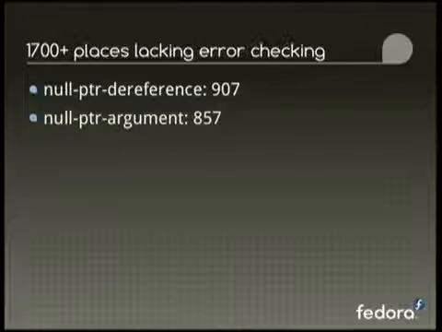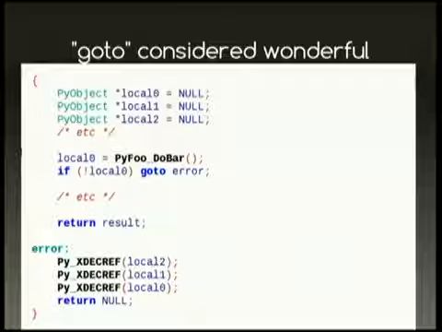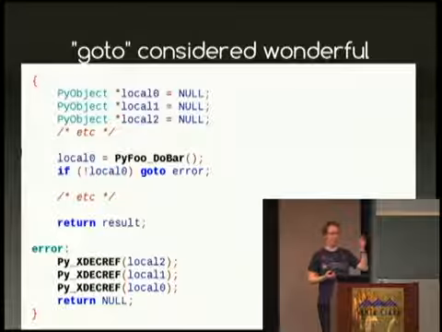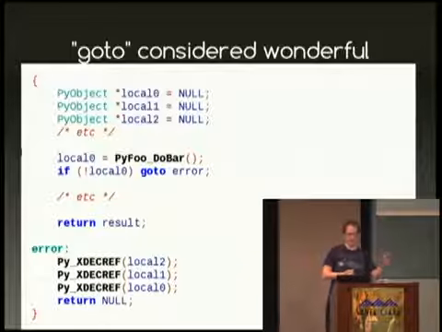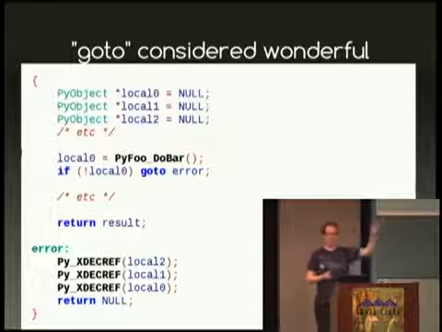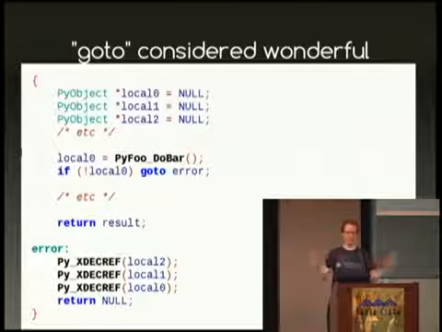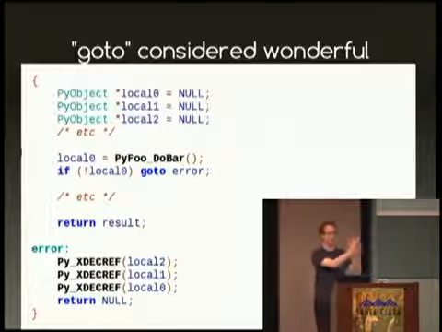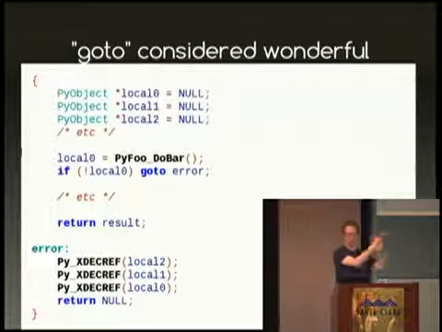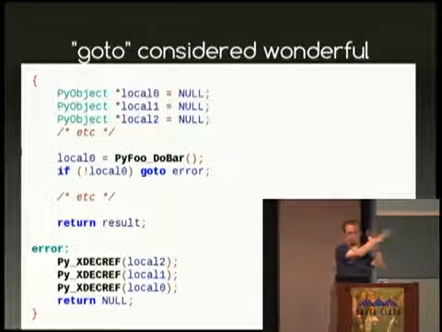Lots of places are missing error checking, and basically it's so hard to do error checking correctly. So I'm a big fan of the much maligned goto statement in C. The way I like to structure my methods in C extension code is to have one big error handling block at the bottom and have everything initialized to NULL at the top, with a Py_XDECREF on anything that owns a new reference at the bottom, and do error checking on everything, doing a goto error at the bottom.